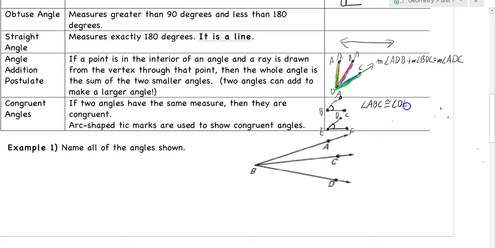So as long as we know their symbols, we put the congruent symbol in between them, and that tells us that the angles are congruent. If two angles are congruent, then they have the same measure. So going to the numbers associated with them, those numbers of degrees are going to be equal. Or vice versa. If you're given the number of degrees of each angle, you can substitute to get the measures are equal, so that then the angles are congruent.